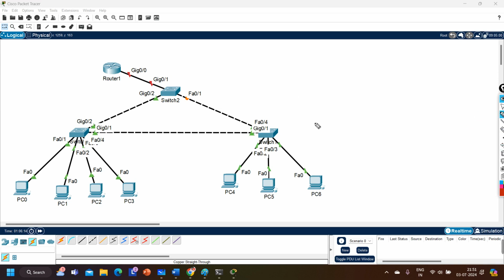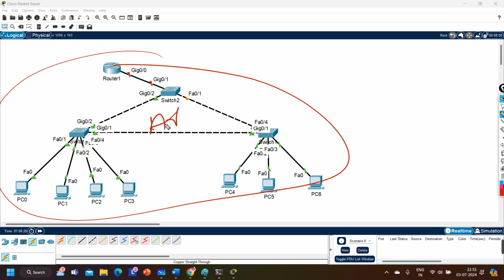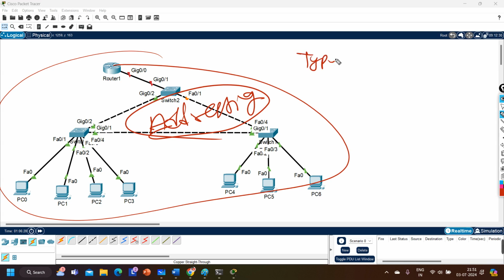Okay. So we understood the connectivity as well. Now we need to understand what, guys? Addressing. How we will do the addressing over here. Okay. So next class, types of address.